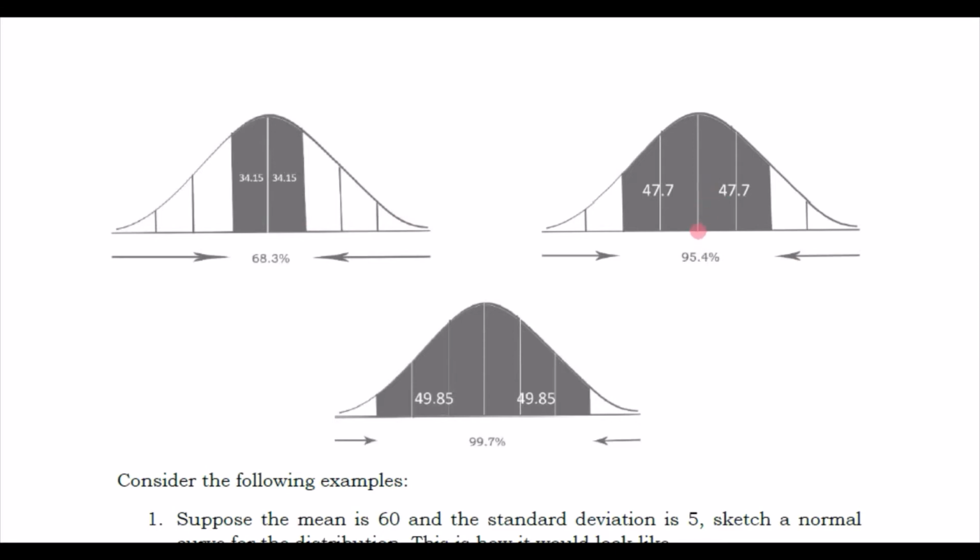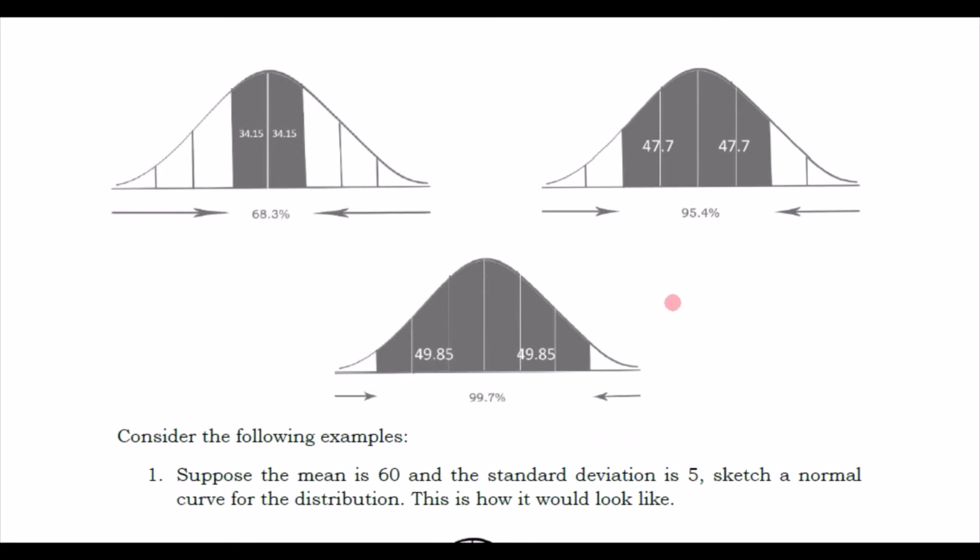Remember that one of the property of the normal curve ay symmetrical sila about its mean. So, kung pareho siyang 2 standard deviation away from the mean, ibig sabihin, pareho lang din siya ng sukat. Okay? So, ganun din dito sa 3 standard away from the mean, to the right and to the left.